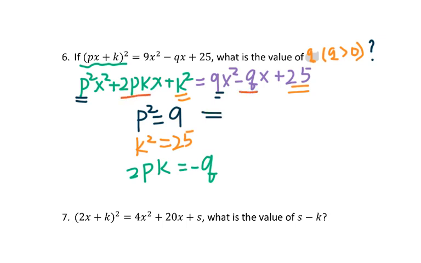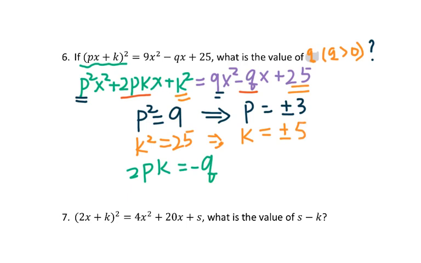Therefore, from p squared, you can get p equals positive or negative 3. From k squared equals 25, you will get k equals plus or minus 5.